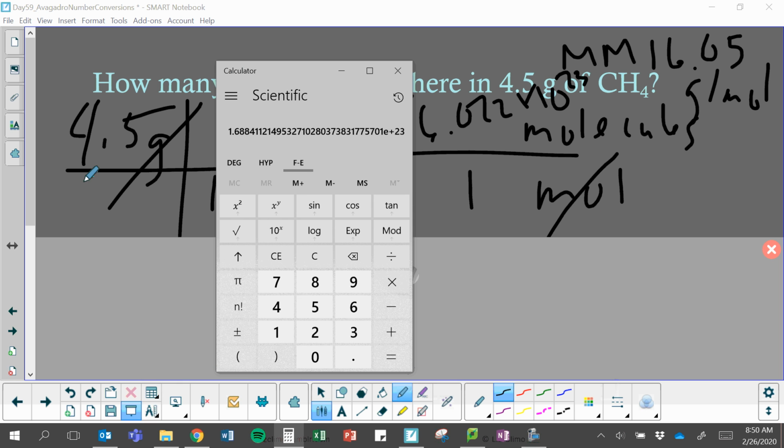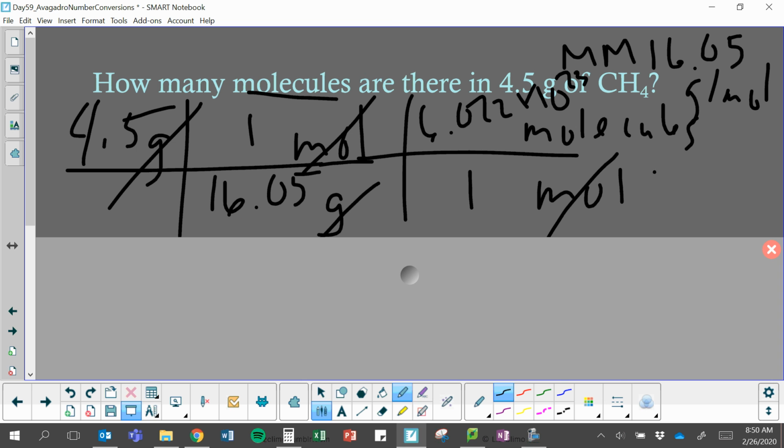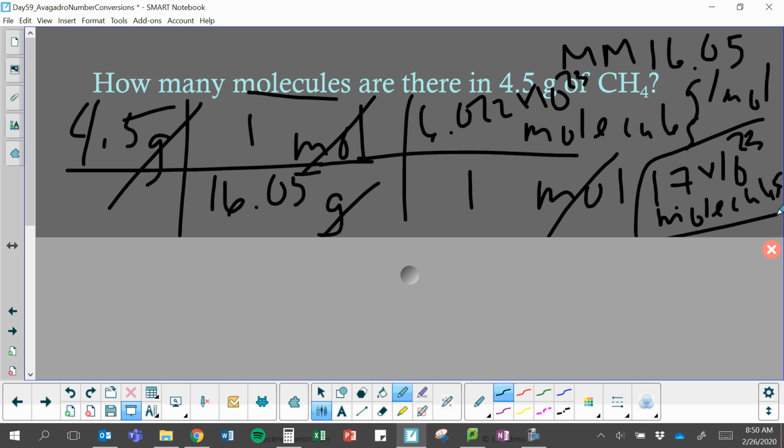And we have 2 sig figs because of 4.5, so we're going to write 1.7 times 10 to the 23rd molecules. That's our answer.